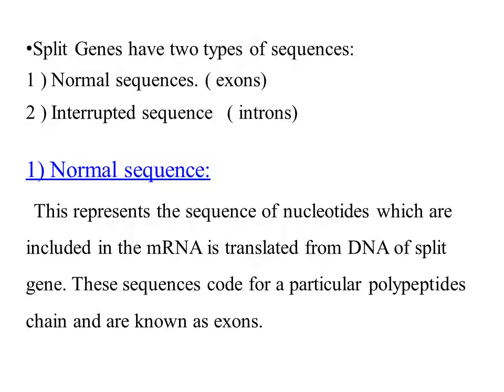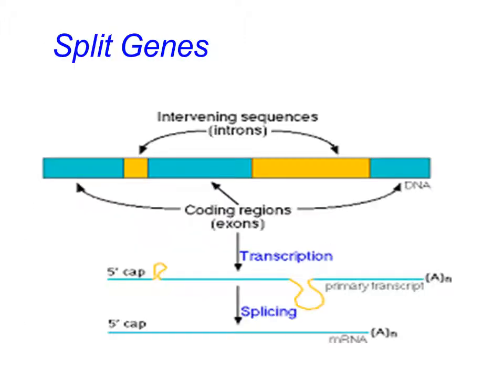As we know, split genes contain two regions, exons and introns. Exons are the coding sequences which code for amino acids, and they are responsible for production of a polypeptide. The character of split genes is that they always start with an exon and end with an exon, and in between you are going to find intervening sequences or introns.